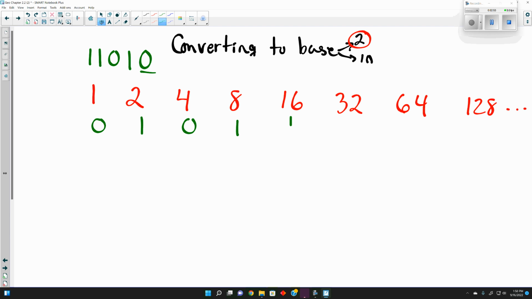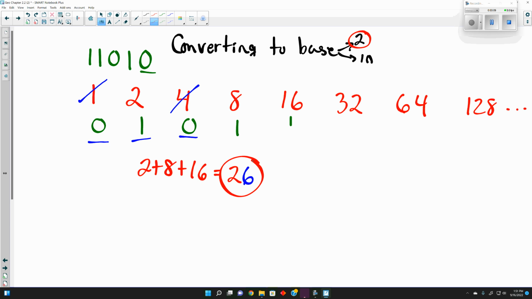So 0 for the first one, so we don't have a 1. We have 2. We have 0 for 4, so it's not there. We have 8 and 16, so really we would just add 2 plus 8 plus 16, giving us the base 10 number 26. So 11010 is 26 in base 10. And that's all we would need to do.